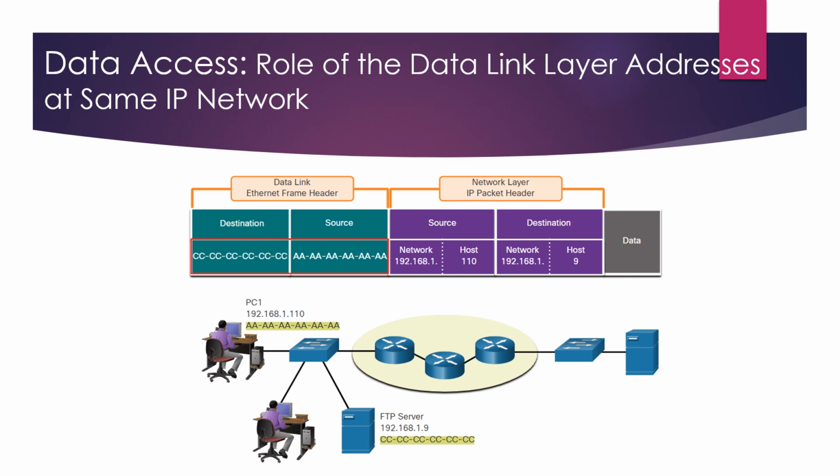In the case that the sender and the receiver of the IP packets are on the same network, the data link frame is sent directly to the receiving device on an Ethernet network. The data link addresses are known as Ethernet Media Access Control, or MAC addresses, as highlighted in this figure.